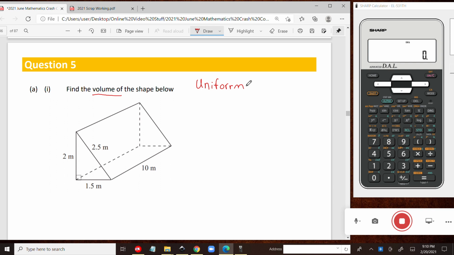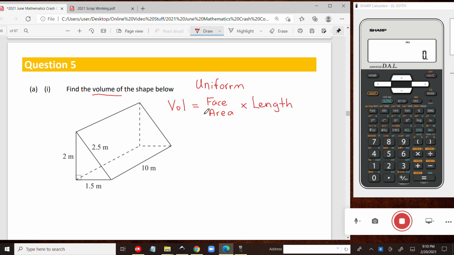Whenever you're trying to find the volume of a uniform shape, I have a general formula that I usually use. The volume of a uniform shape is the face area multiplied by the length.